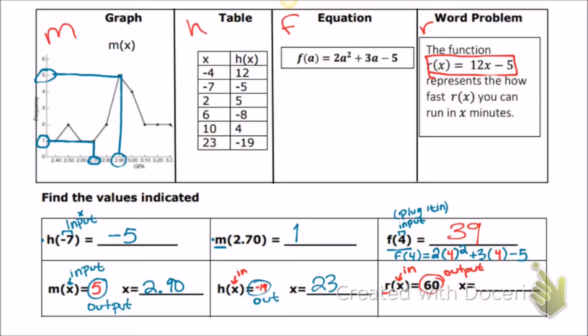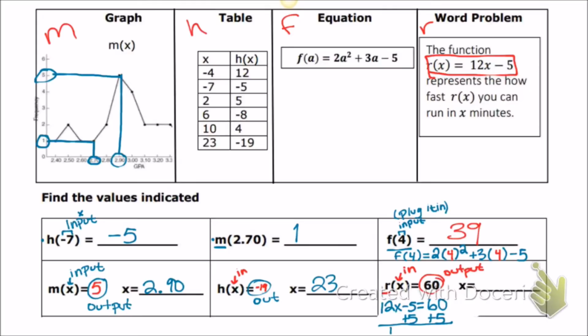Alright, so remember, R of X is equal 12X minus 5. So instead of writing R of X, I'm going to write 12X minus 5. I bring down the equal and the 60, okay? So we just need to solve for X, okay? So the first thing that I will do is to add 5.